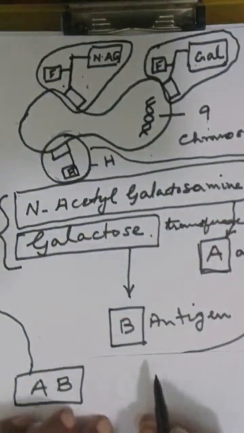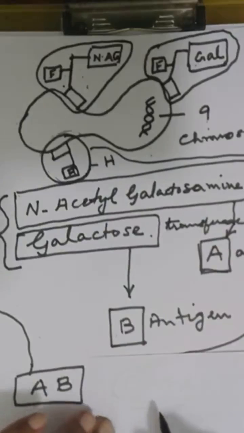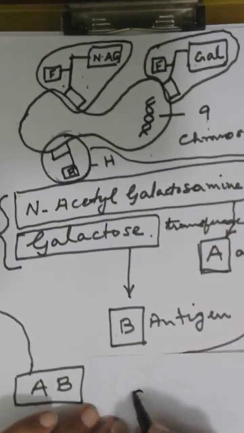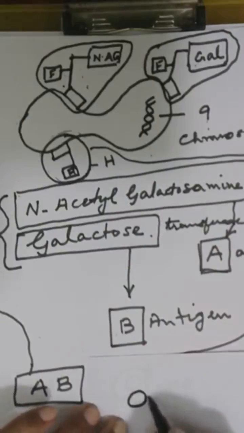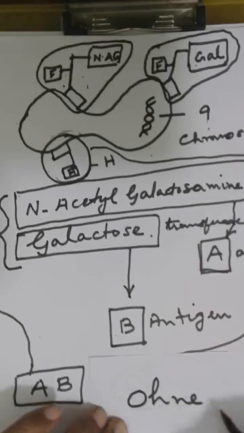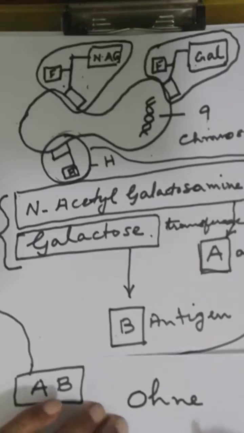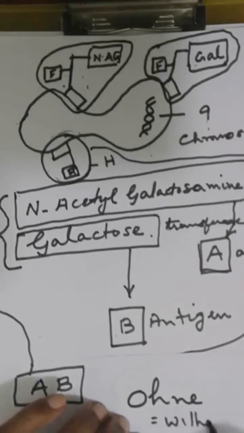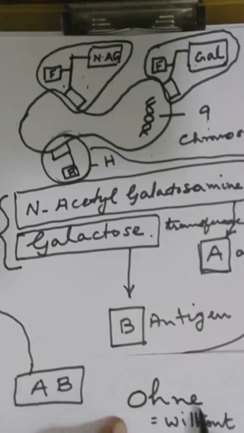Actually, where is this O group coming from? There is a German word, O-H-N-E, ohne. This means without. The meaning is without. O-H-N-E. It's a German word.